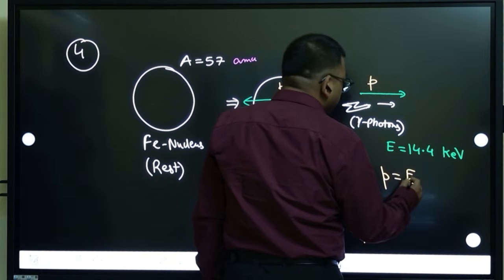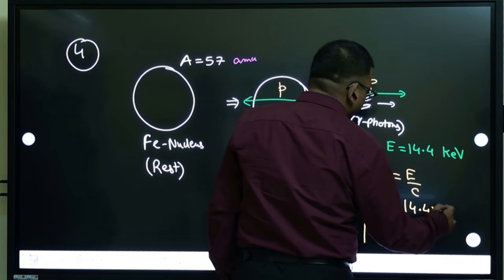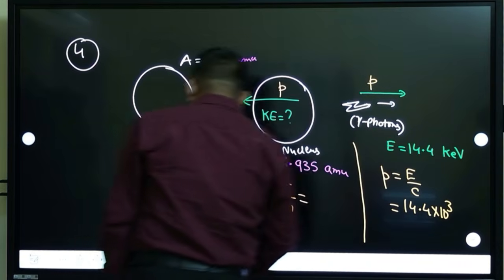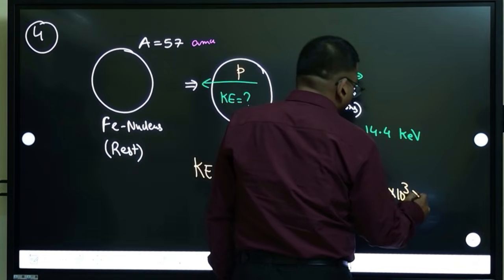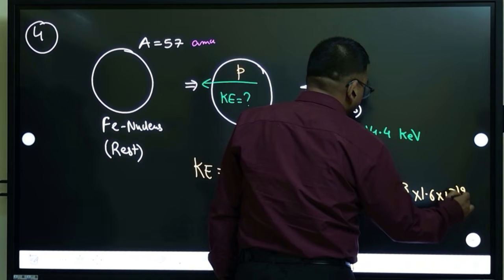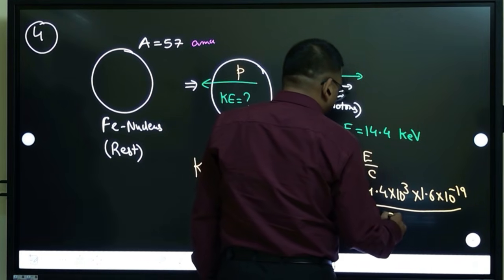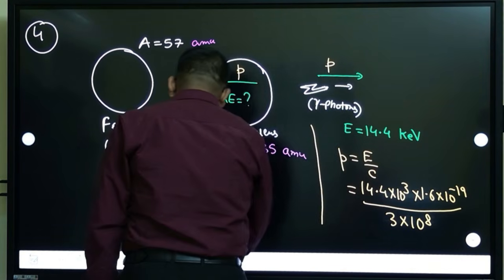This energy is 14.4 kilo, meaning 10 to the power 3, electron volt, which means you multiply by the charge of one electron, 1.6 into 10 to the power minus 19. This energy is coming in joules. Speed of light is 3 into 10 to the power 8. Now we can definitely calculate this.